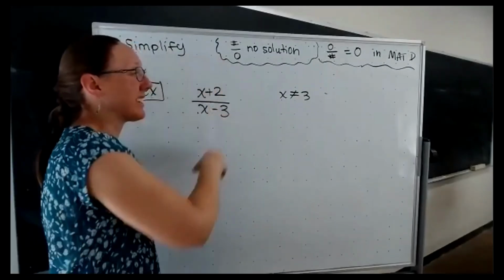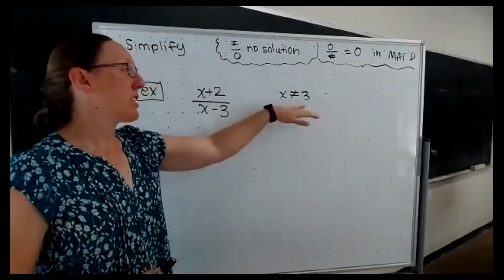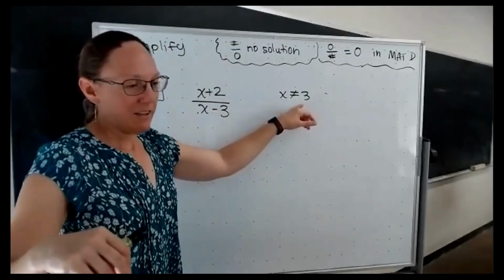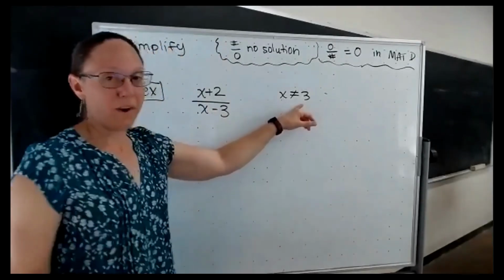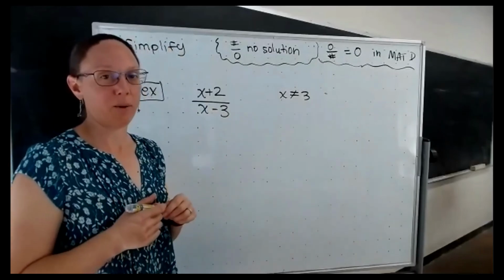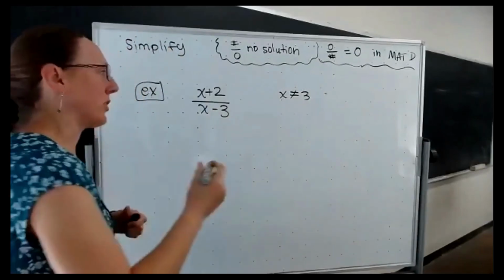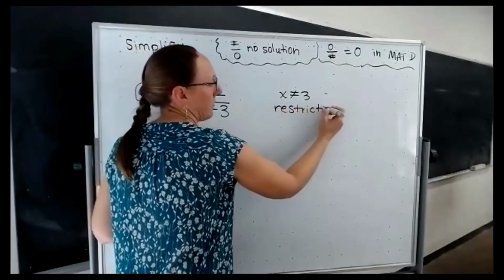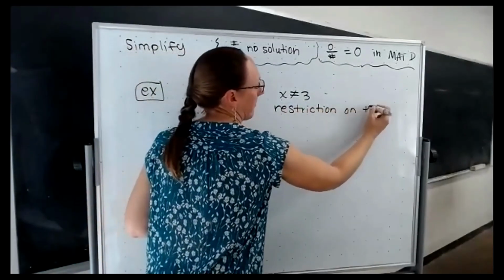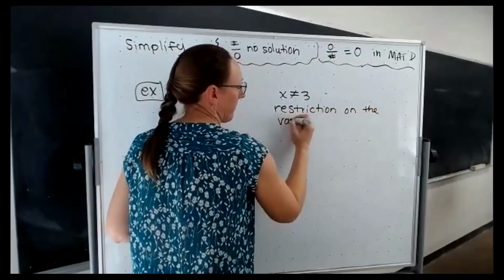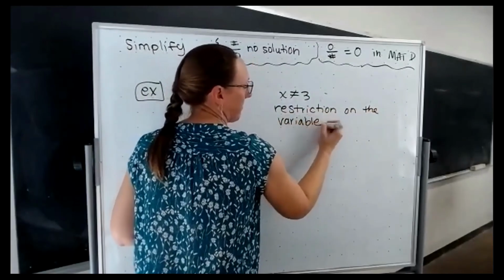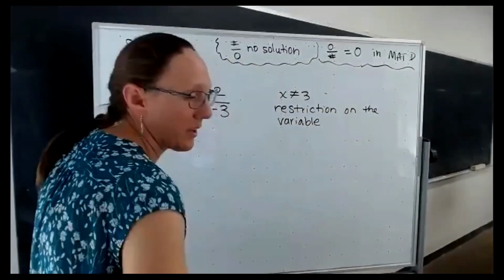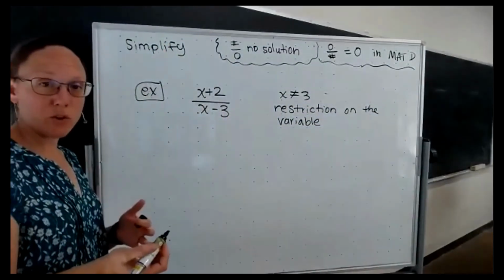So if I just have an expression, then we talk about the values where there are restrictions on the variable. So that x not equal to 3 is the restriction on the variable. I can have more than one restriction on a variable.